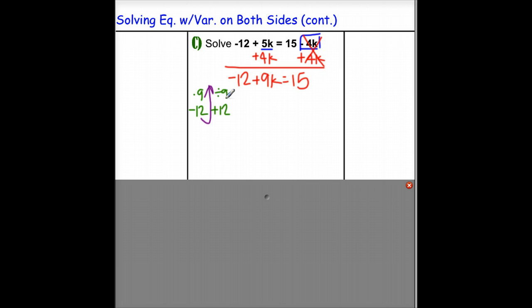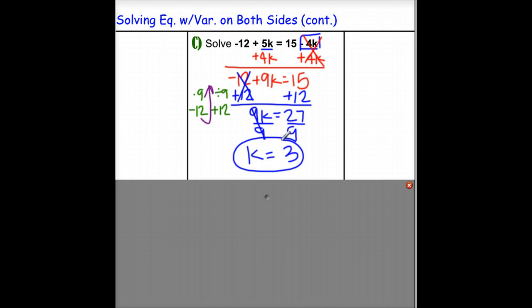So we'll first add our 12 to both sides, which gives me 9k equal to 27. Then I will divide by 9 on both sides. It cancels the 9's, giving me k is equal to 27 divided by 9, which is 3.